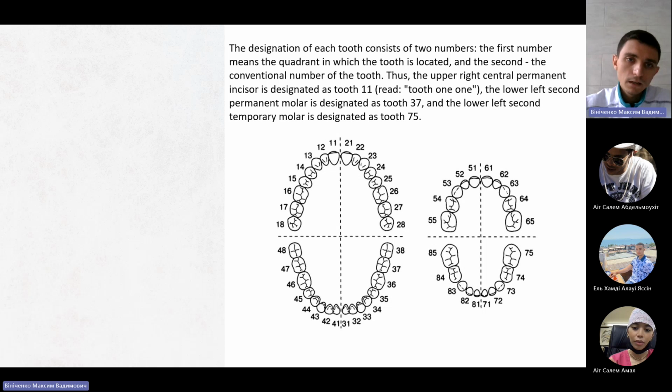Not 11, 51, because we talk about a child with primary dentition. If there would be, for example, a mixed dentition, there would be a first permanent molar. It would be number 16, but the child will have teeth number 51, 52, 53, 54, 55, and 16, because it is a permanent tooth.